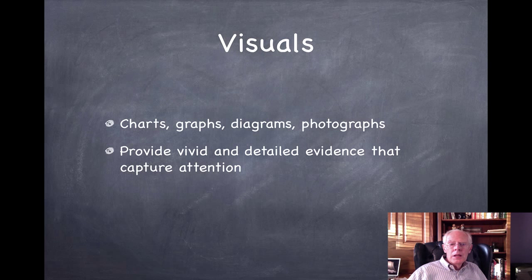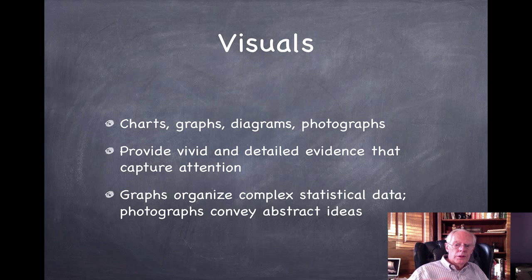Statistics, for example, can be better conveyed in a graph or in a chart, perhaps, than just dropping them into the text of your writing. So they're very useful and they're very persuasive and they're compelling. Graphs are very good for organizing complex data, statistical data.